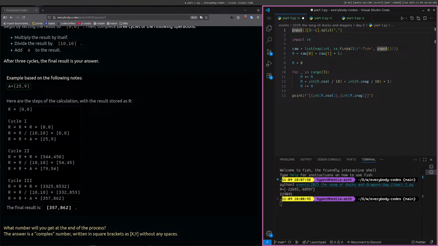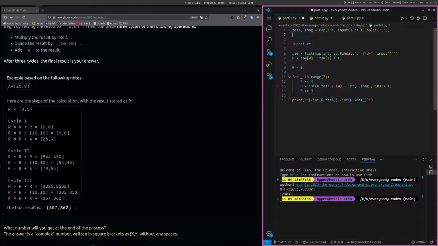We can do real, image equals map int over these two. And then once we have that, we can do a equals real plus image times 1j.